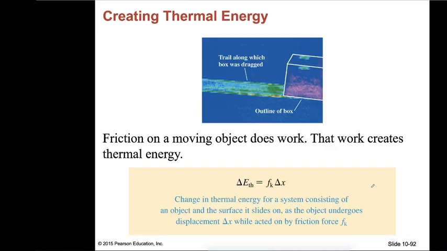So here, the friction on the moving object will do some work. That work will create thermal energy.